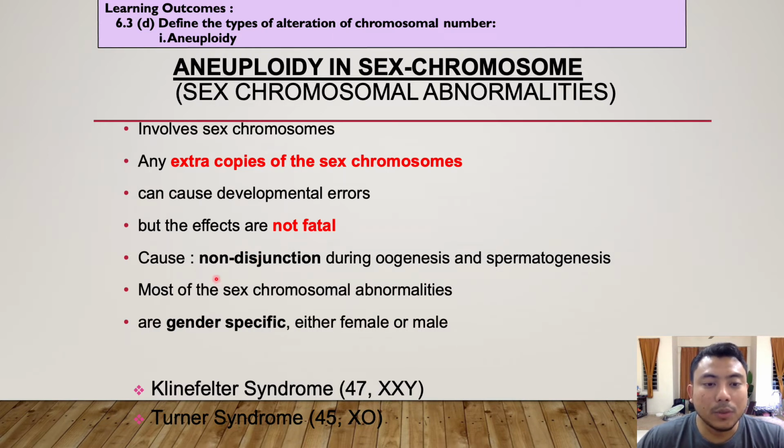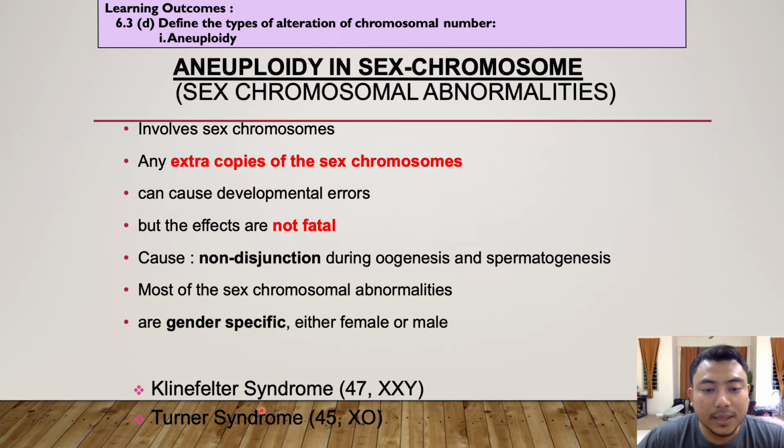So it is caused by non-disjunction during oogenesis and spermatogenesis. Oogenesis is the process of production of ovum or egg, whereas spermatogenesis is the production of sperm. Most of the sex chromosomal abnormalities are gender specific, either female or male.